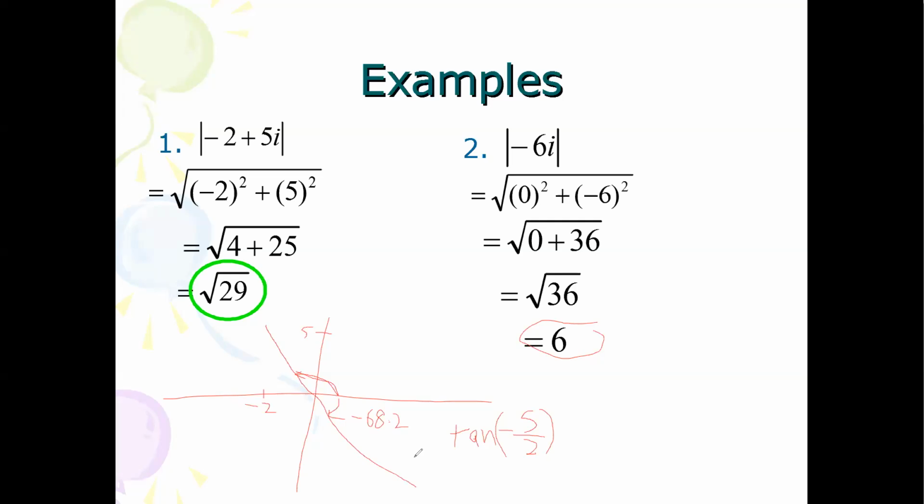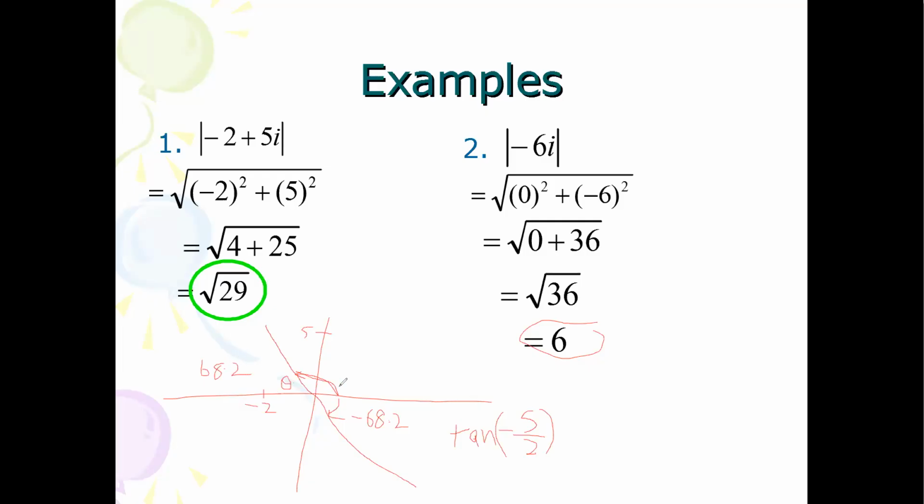That shouldn't be hard. If this is negative 68 here, right? Could somebody tell me what this whole angle will be here? If this is 68.2, right? Wouldn't this angle here be 68.2 as well? Yes, sir.